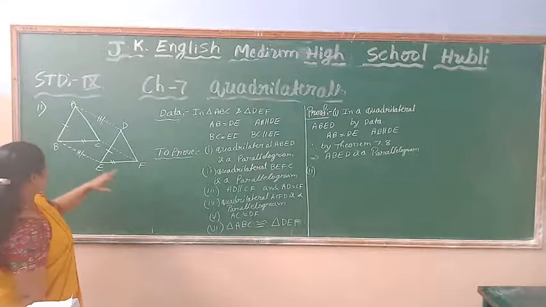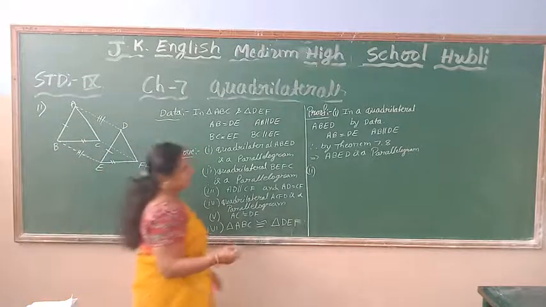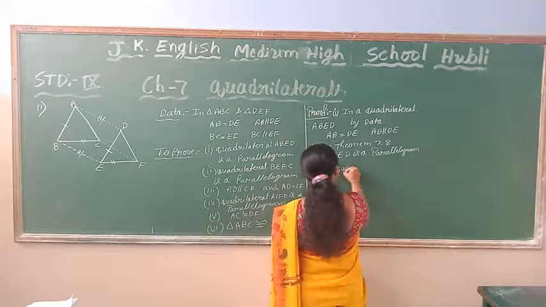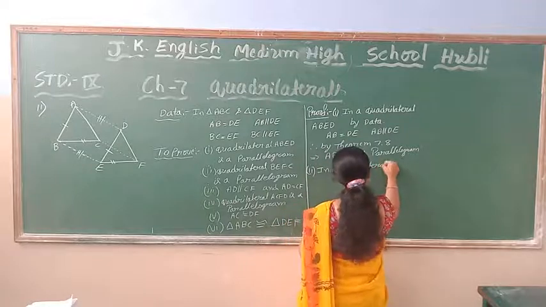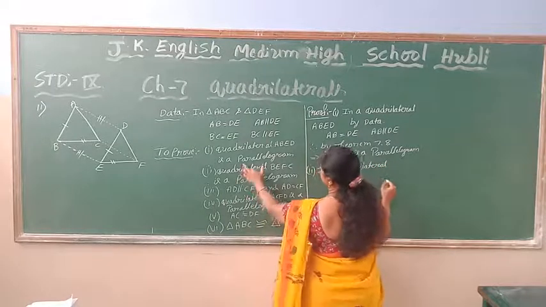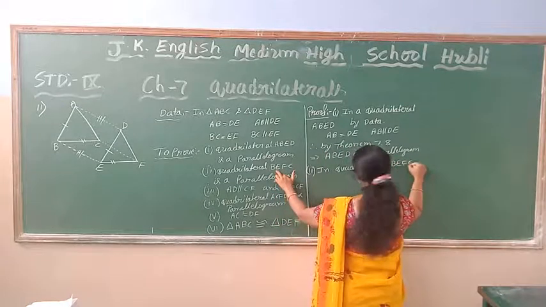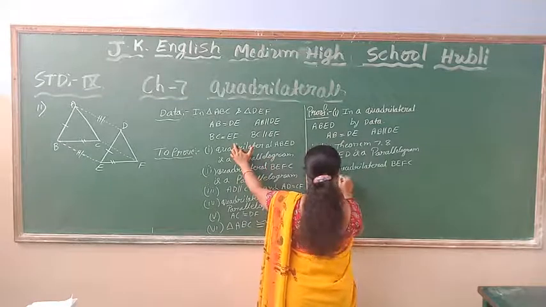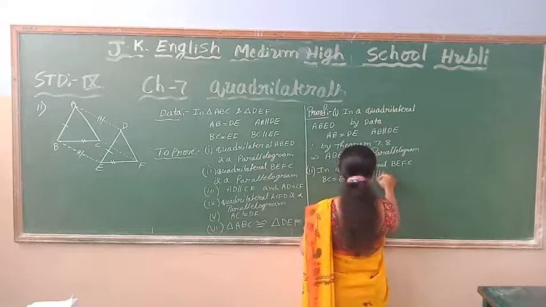In quadrilateral BEFC, we know already by data BC is equal to EF and BC is parallel to EF.